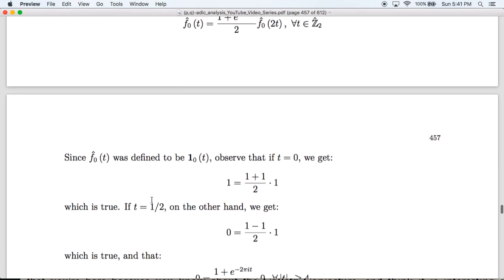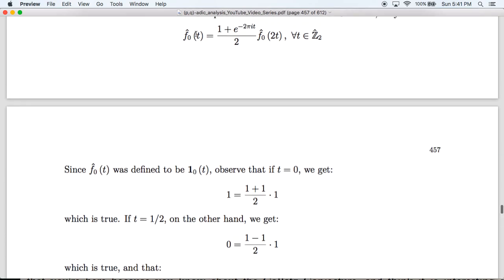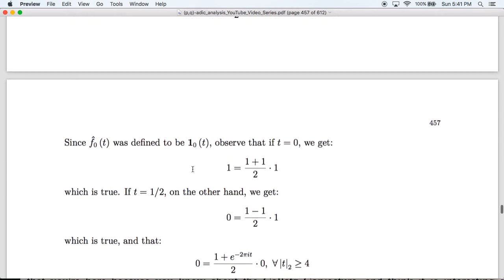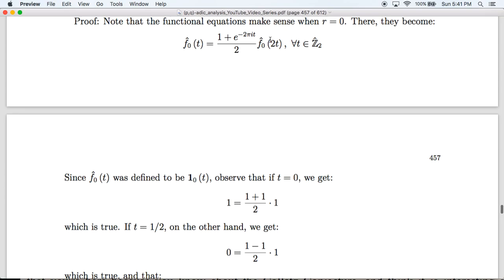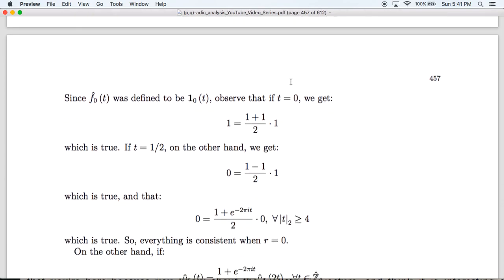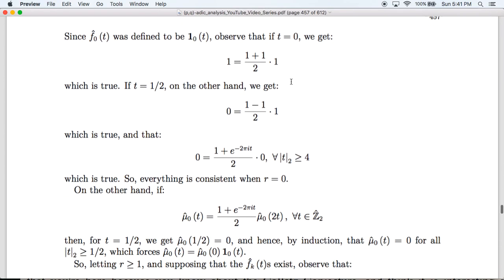On the other hand, if t equals 1/2, this is 0, 1 minus 1 over 2, and then this is going to be 1 because 1/2 times 2 is 1, which is 0 mod 1. However, if t has a denominator greater than or equal to 4, both f0 hat of t and f0 hat of 2t vanish. So both sides of this equation vanish when t is bigger than that. So everything works when r equals 0.